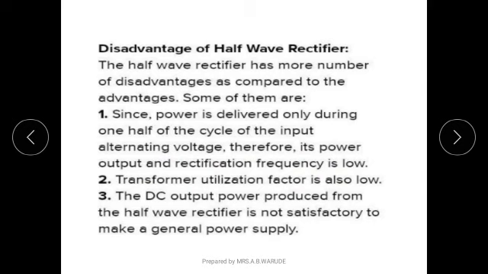Second is, the transformer utilization factor is also low. Third is, the DC output power produced from the half wave rectifier is not satisfactory to make a general power supply, because during the negative half cycle the diode does not conduct, and it only uses one half cycle.